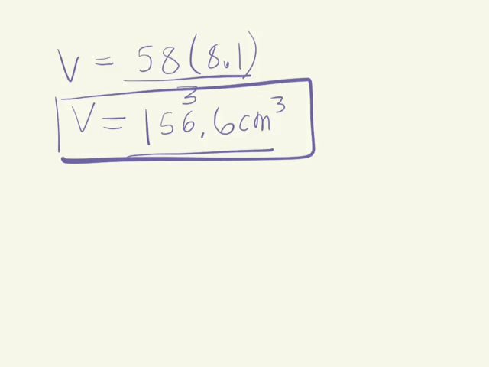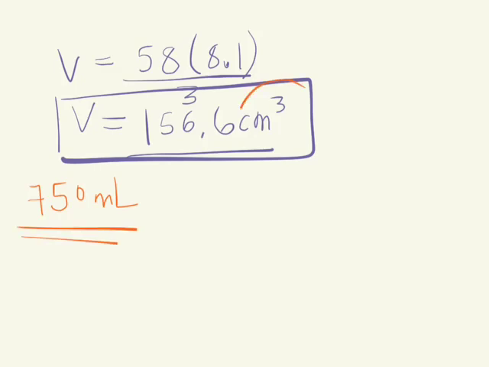Now we know how much space is occupied inside this oil lamp, and we're told that this person is buying oil in a bottle of 750 milliliters. 750 milliliters of oil comes in a bottle, and we want to know how many times we can fill this oil lamp with this bottle.